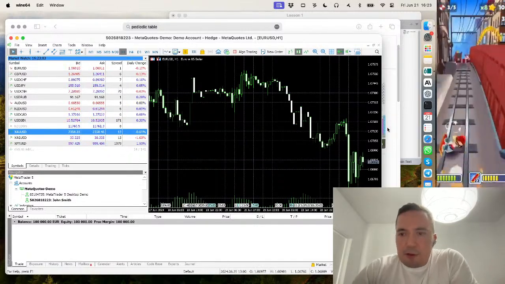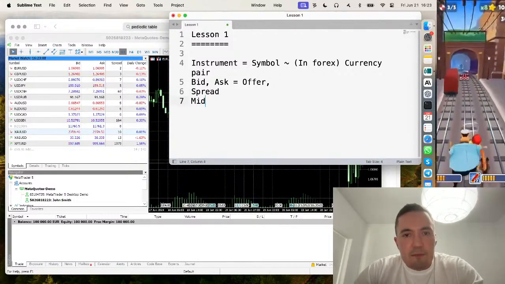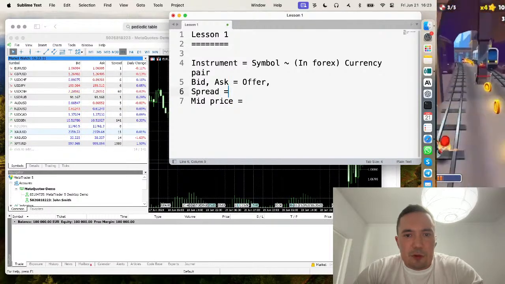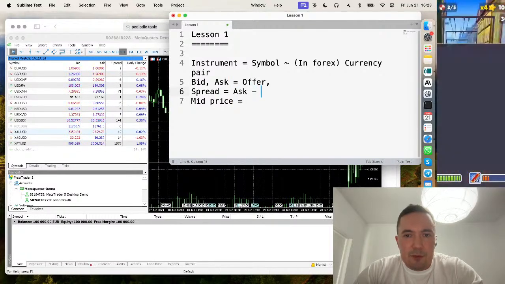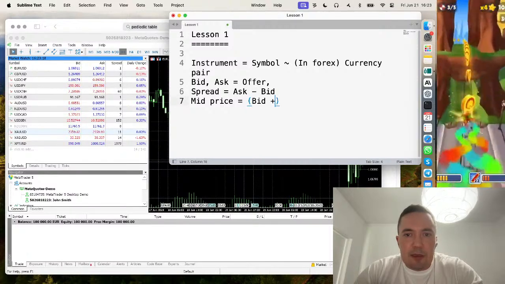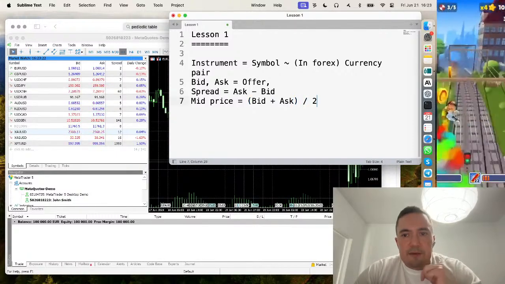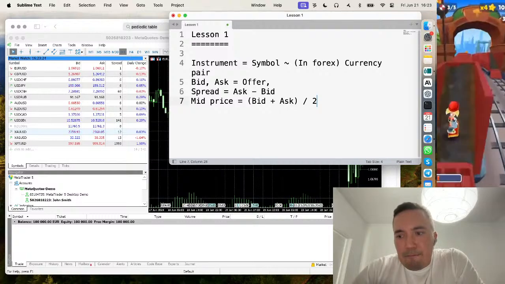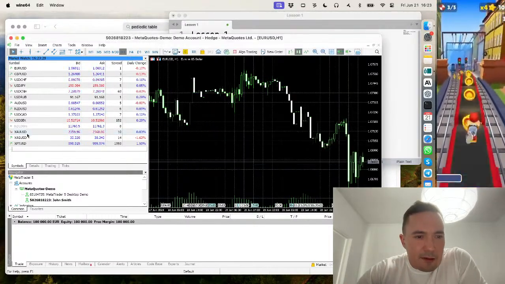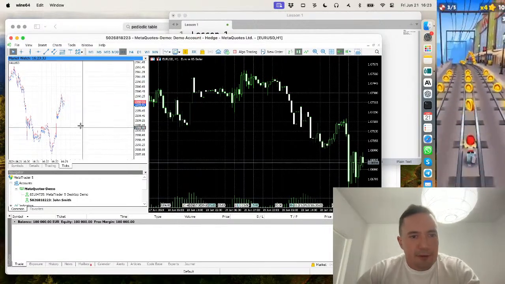Technically, people use the so-called mid price. Spread is ask minus bid. Mid price is the average between bid and ask, so bid plus ask divided by 2. So it's the middle between bid and ask. Actually, we can see the prices here.